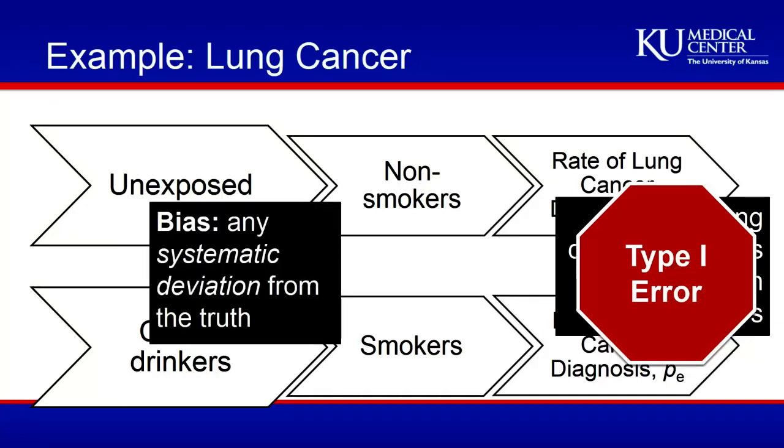The reason why we have the type 1 error or the increased type 1 error rate is because we have bias. We have a bias in our look at the relationship between coffee and lung cancer. And that bias is actually, in this case, systematic movements away from the truth caused by smoking behaviors.